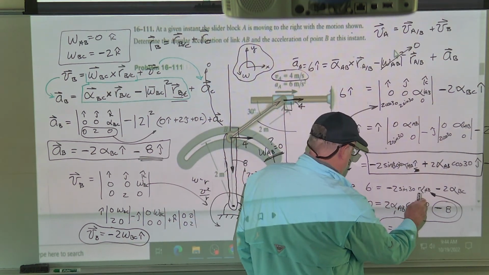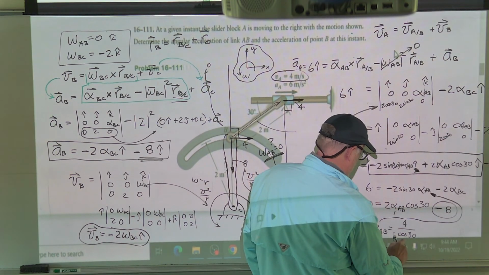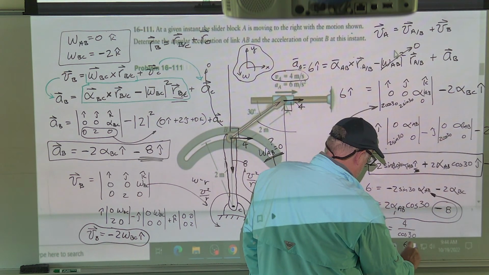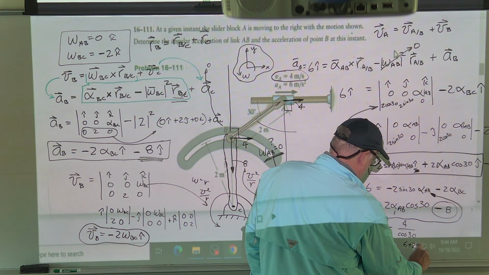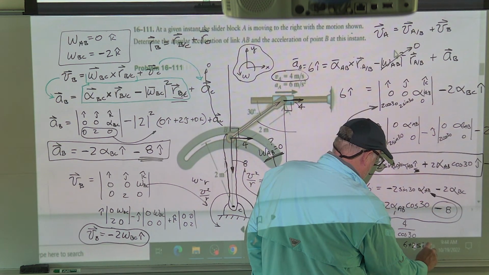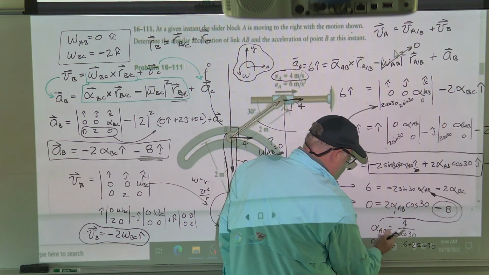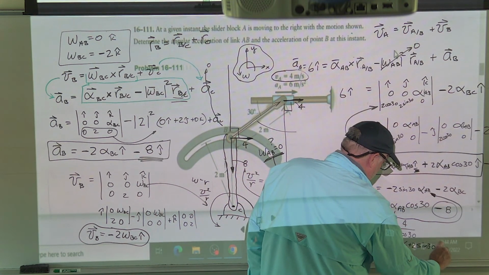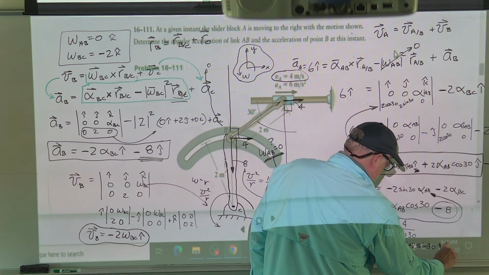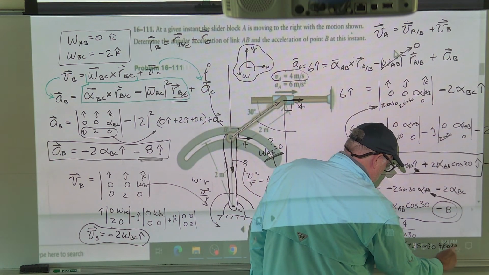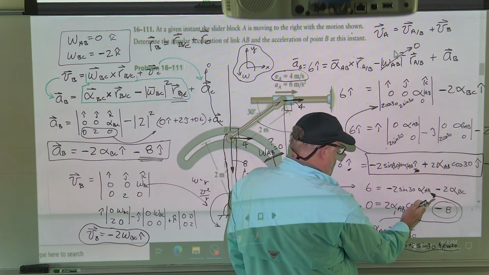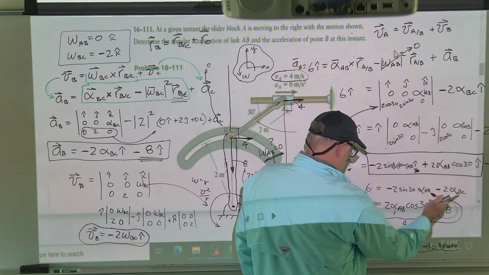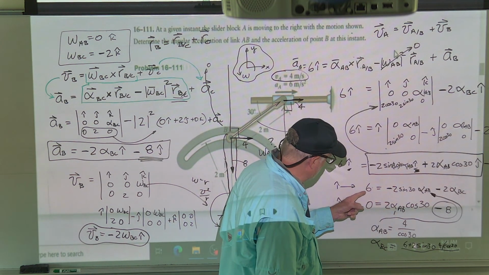So if I take, oh gosh, this is a mess. So I'll take 6 plus 2 times sine of 30. Take the alpha AB, put back in here, times 4 divided by cosine 30. And divide all that. Wait a minute, I have 6.